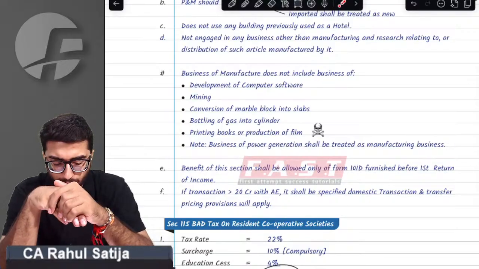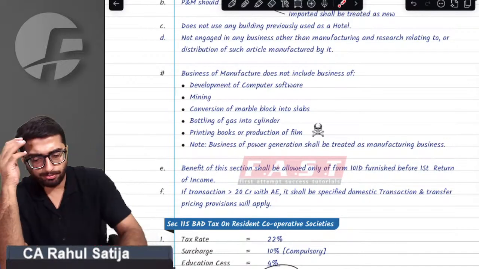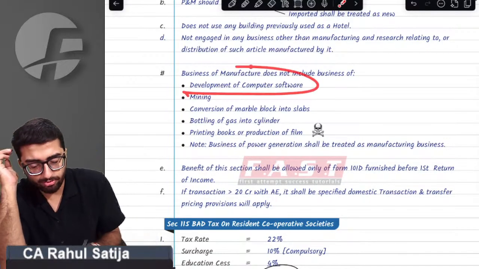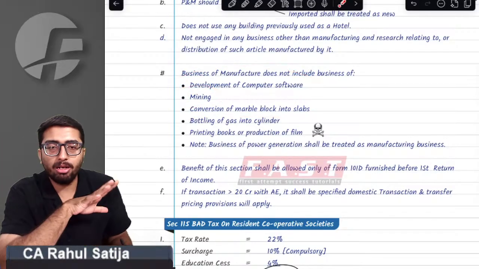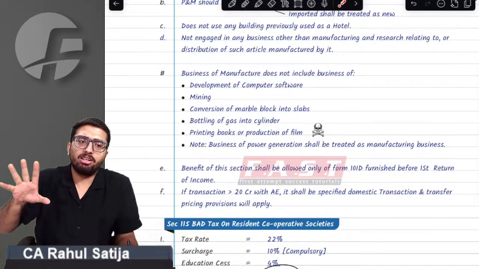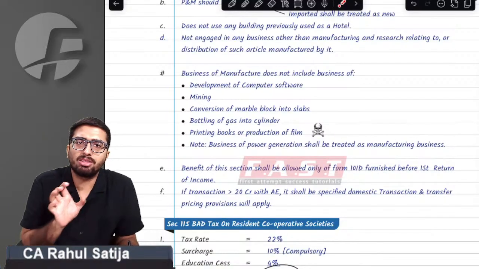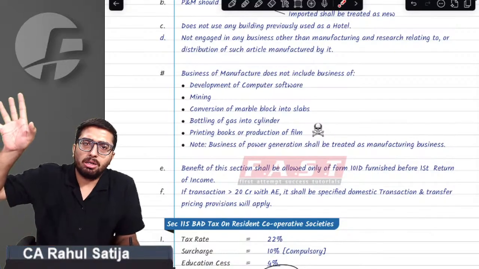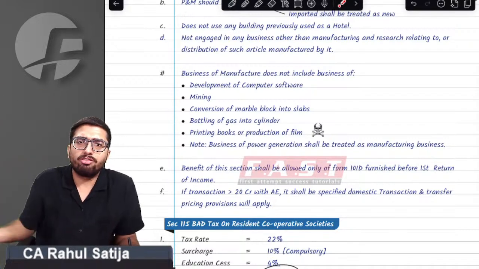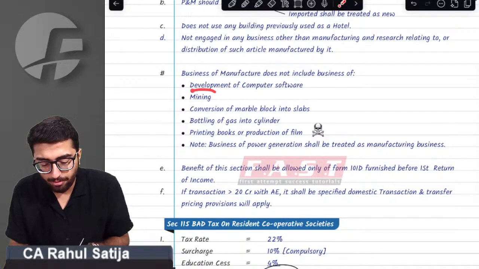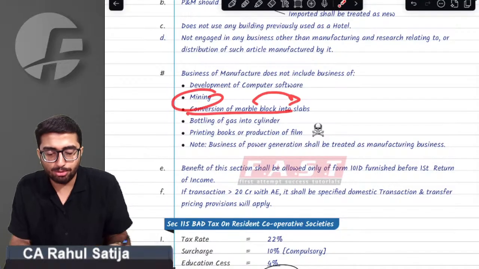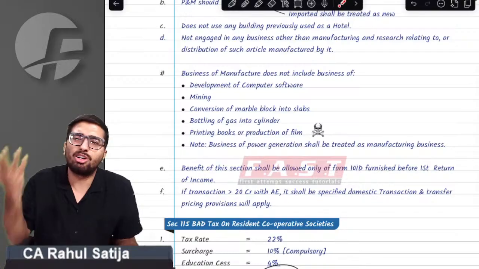For example, developing software, mining, or converting marble blocks into slabs. The provision says any conversion of marble blocks into slabs shall not be considered manufacturing.